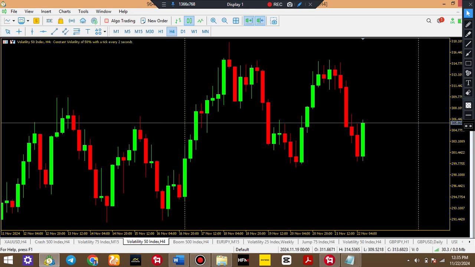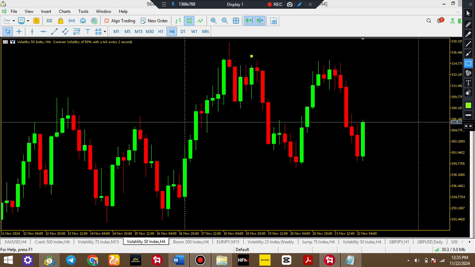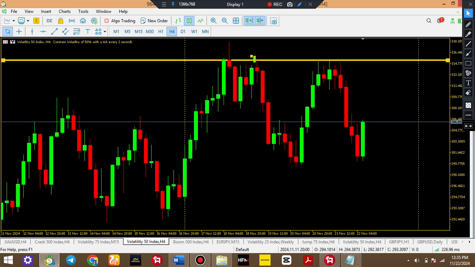Now here's our bearish order block. Let's just use the horizontal line.